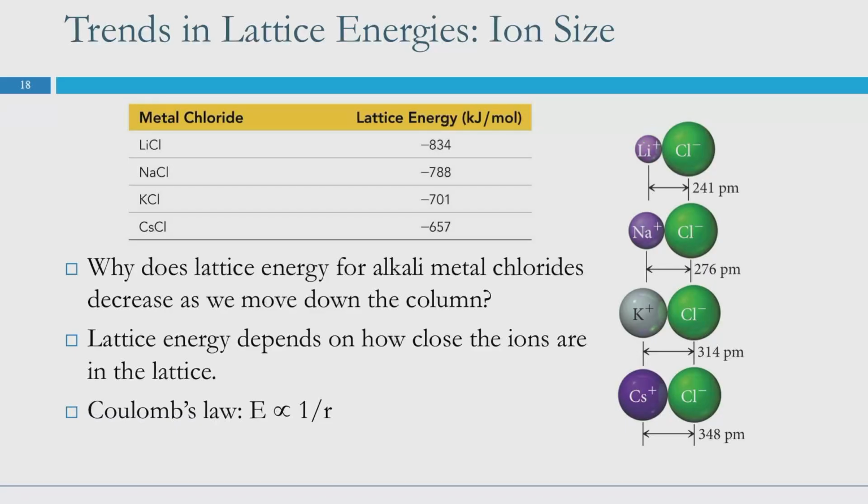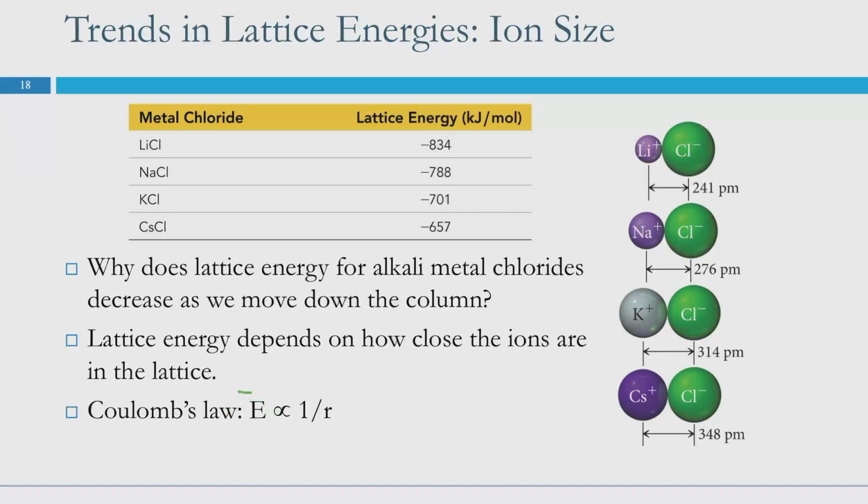As we move down the periodic table, our atomic size increases, getting bigger atoms. And because they're ions, they're not covalent bonding, they're not overlapping. Their electron shells are sitting next to each other. Because of that, the distance between our positive and negatively charged ions is increasing. So increasing the distance between them changes the energy.